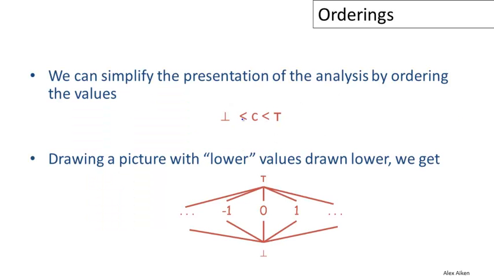First, I'd like to introduce a technical term. These values that we compute with in program analysis, things like bottom, the constants, and top, are called abstract values. That's to distinguish them from the concrete values. The concrete values are the actual runtime values that a program computes with, things like actual objects and numbers.